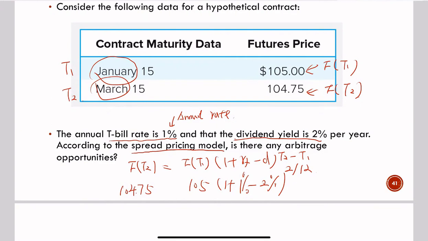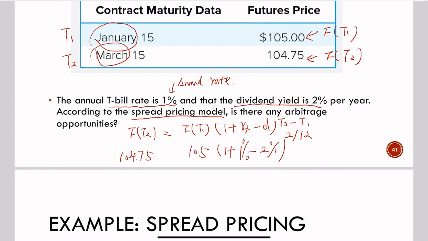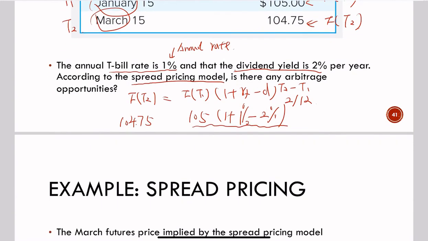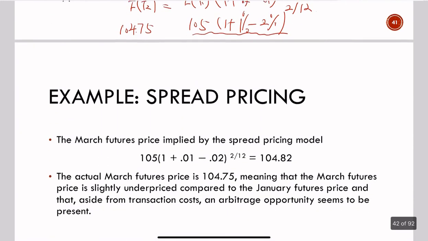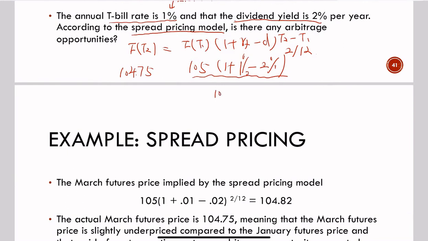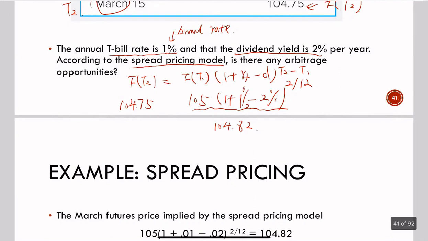And then the right hand side would be given by, let me check the lecture note, 104.82. So you can see that the left hand side is actually smaller compared with the right hand side. So whenever this pricing formula is violated, you will have an arbitrage opportunity. Generally you will want to short sell the overvalued side and take the long side in the undervalued asset.